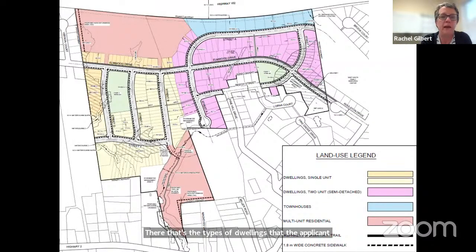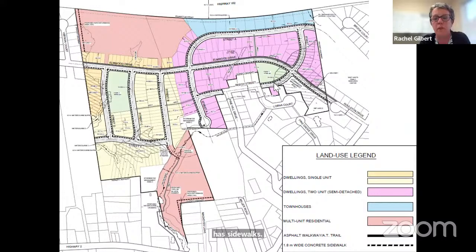So the plan shows you that there's a road that links through Elmwood Drive to Ralston Drive. There's a proposed sidewalk on one side, which is shown by the dash line, and then the thick black line is an AT trail, which will be a 3-meter asphalt AT trail. The other roads in the development have sidewalks on one side. We have 2 areas of parkland, one here and one just here, close to Elmwood Drive.